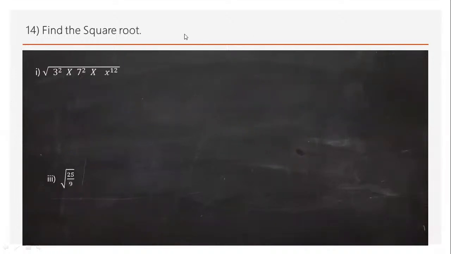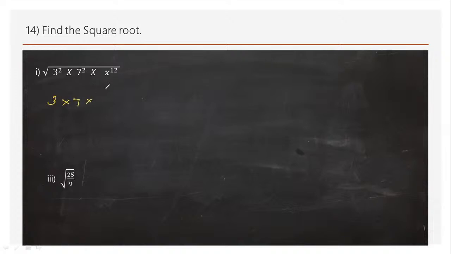Find the square root. We have learned that if the power is an even number, it is easy to divide. When we are finding the square root, you can divide the power index by 2. Then 2 divided by 2 is 1. 7 to the power 2, then 2 divided by 2, 7.